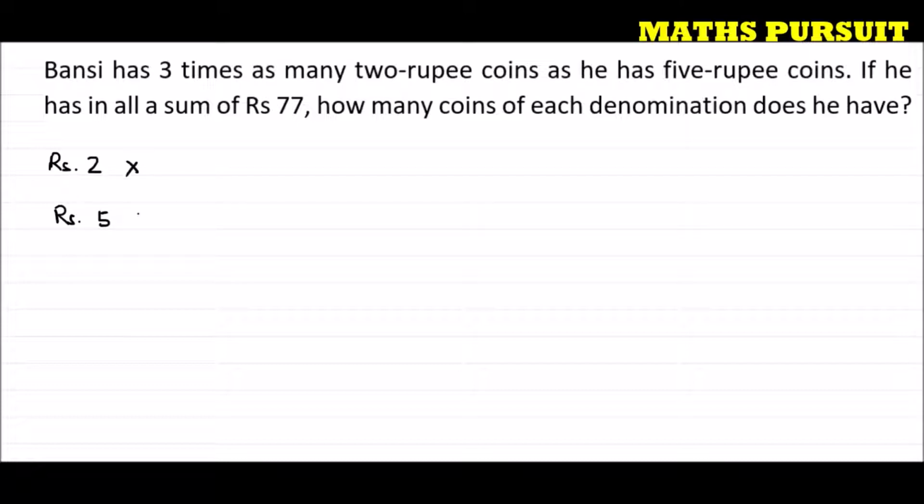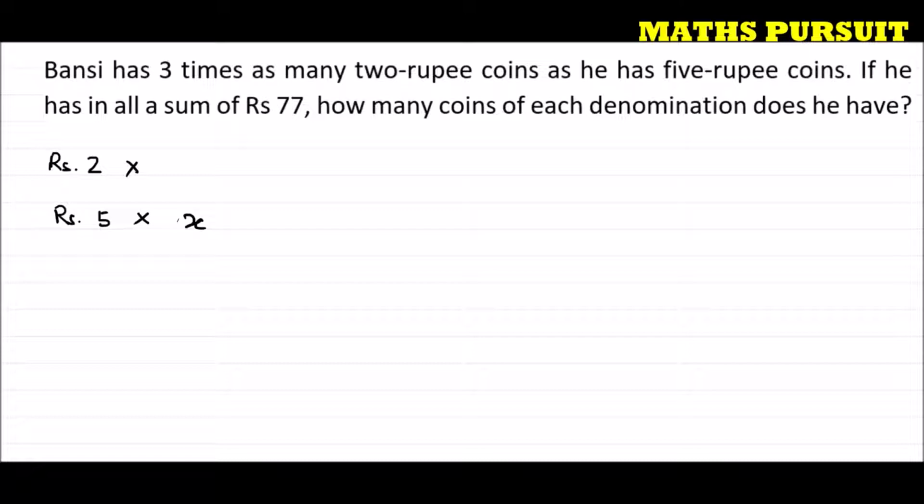So let us determine the number of coins to be X. Bansi has 3 times as many 2 rupee coins as he has 5 rupee coins. Let the number of 5 rupee coins that Bansi is having be X. So we are considering that Bansi is having X number of 5 rupee coins, and the question is saying that Bansi has 3 times as many 2 rupee coins as he has 5 rupee coins.